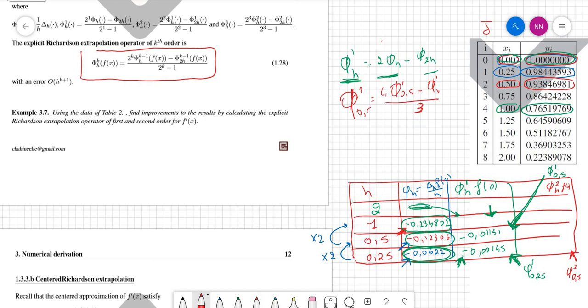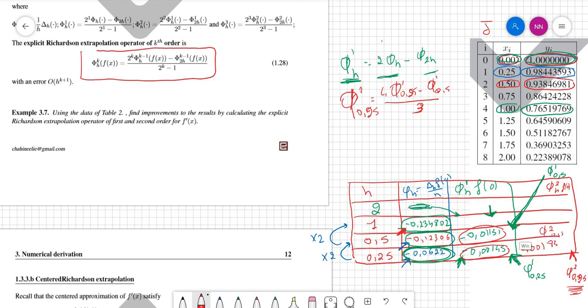Sorry, I made a mistake, it's 0.25 in here. So it's 4 times what's in here minus what's in here over 3, and it will give 0.00183, etc.